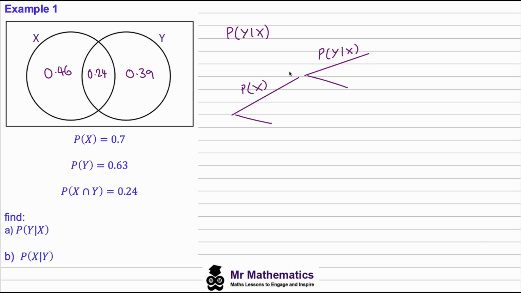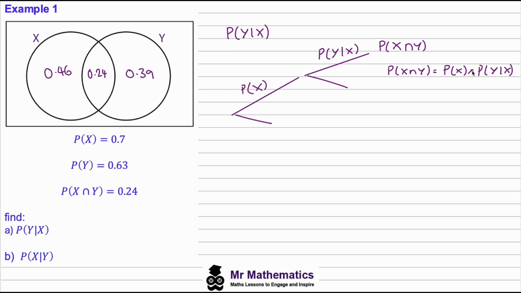So we've got x and y. So the outcome will be x intersecting with y. And the probability of x intersecting with y is the probability of this one, x, multiplied by this one, probability of y given x.